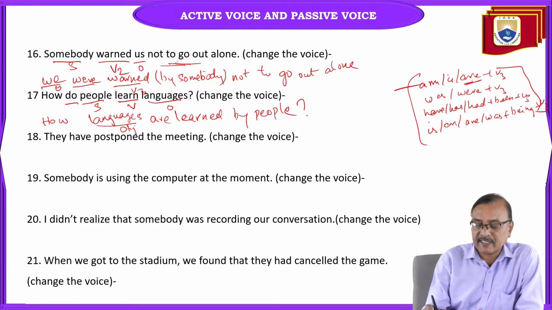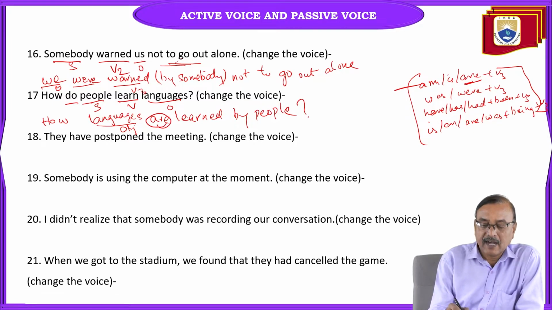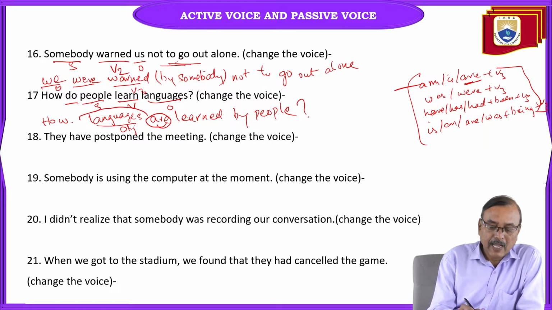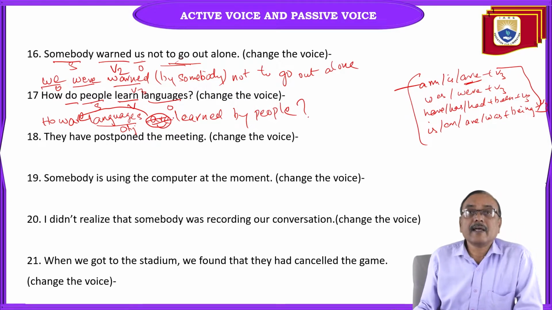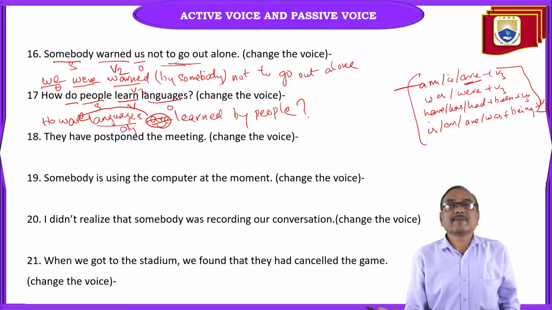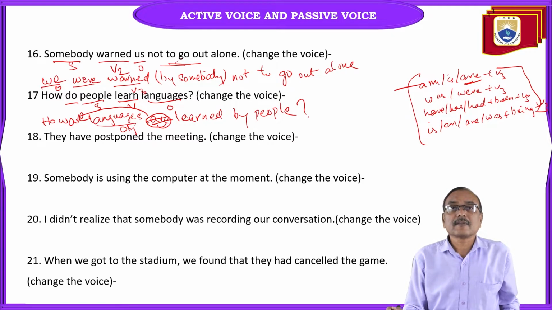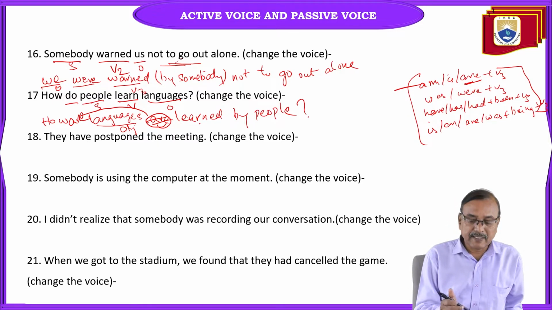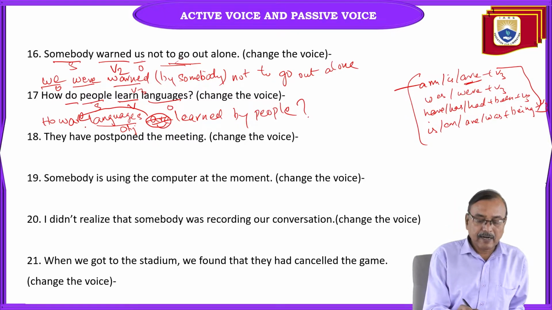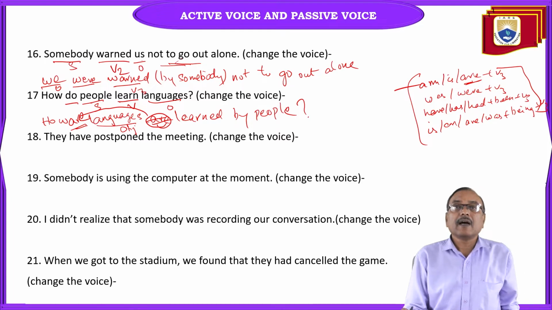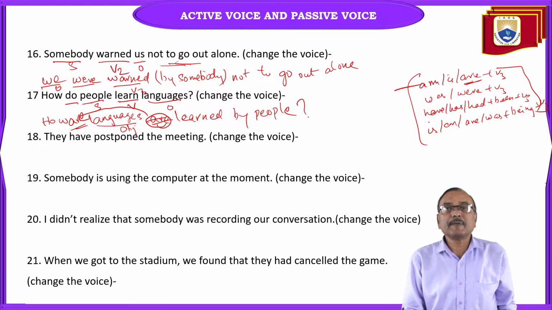When it is a question, you bring this are before this one. How are languages learned by people? Clear now? Since it is a question, we are bringing this are to this place. How are languages learned by people?